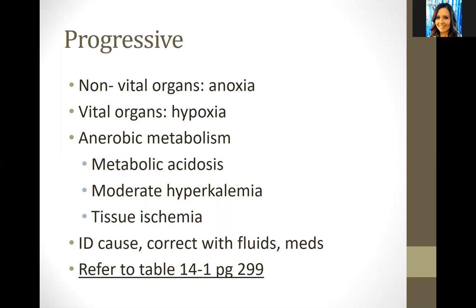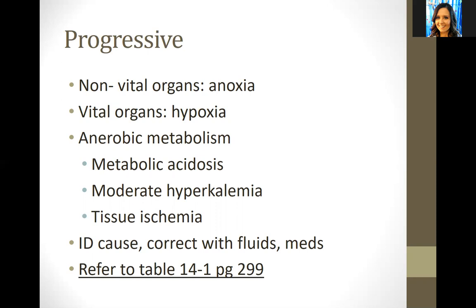We need to find the cause, correct it with fluids and meds. So during this stage, we need to support those body systems affected. So for example, if it's the lungs and they're failing and can't gas exchange, maybe we need to put them on the ventilator. If it's the heart not pumping, maybe we need to provide some sort of inotrope to increase contractility.